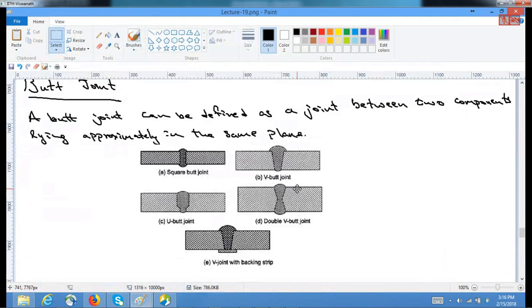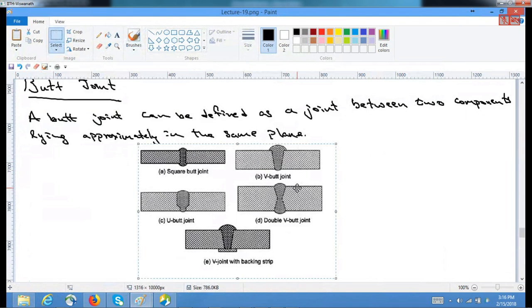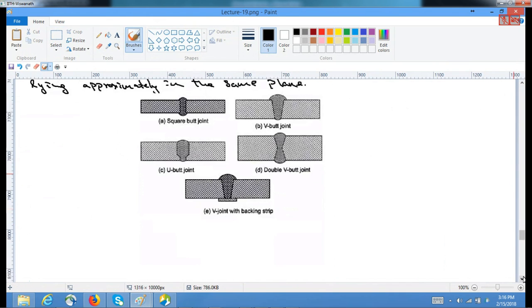So these are the different types of butt joint. The first one is the square butt joint. This is the V butt joint, U butt joint, double V butt joint, and V butt joint with a backing strip. So let us see when these different types are used in different scenarios.